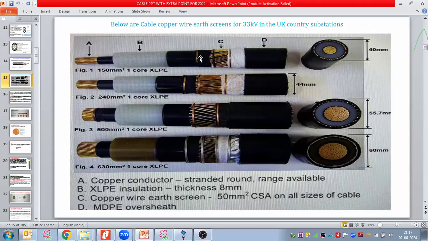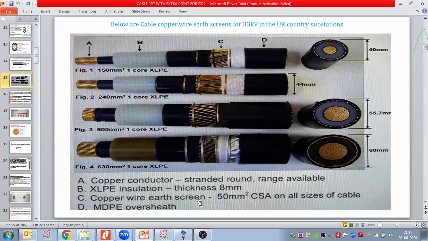And here you can see that we are putting one water soluble tape as well. And the next is the C. This C, if you see, is copper metal. Here we have the aluminum. So this is our metal screening, our metallic sheath that we are taking inside the cable.